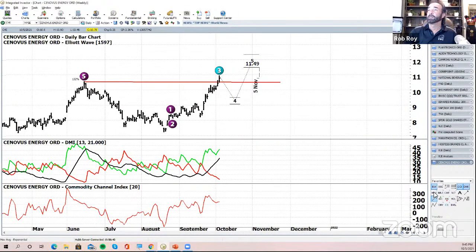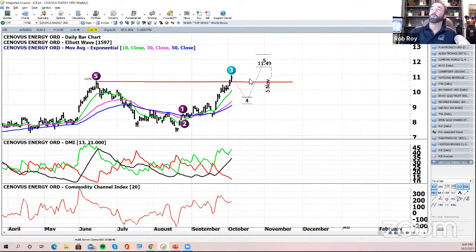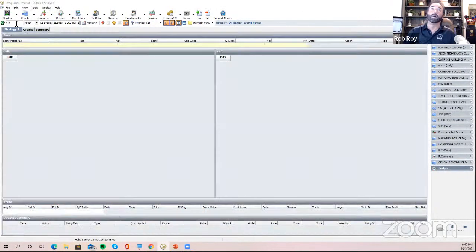Not that much overbought here. Not a whole lot of movement left though. 35 cents you wouldn't normally think is a big day, but that was a big day for this stock. So 10.78 going up to 12 is not a whole lot of movement left, but it certainly looks pretty good. Well, let's see what the options look like, if there are any.